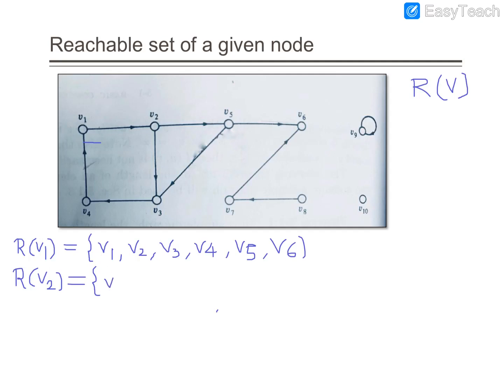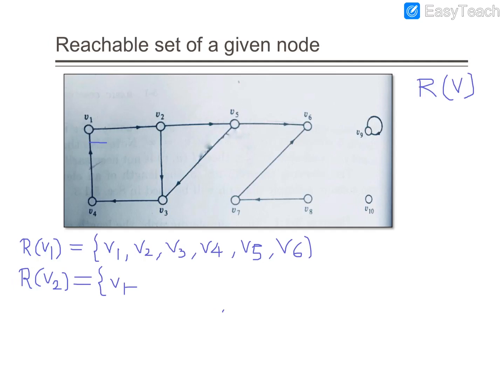Therefore the reachable set of V2 is again V1, V2, V3, V4, V5, V6.